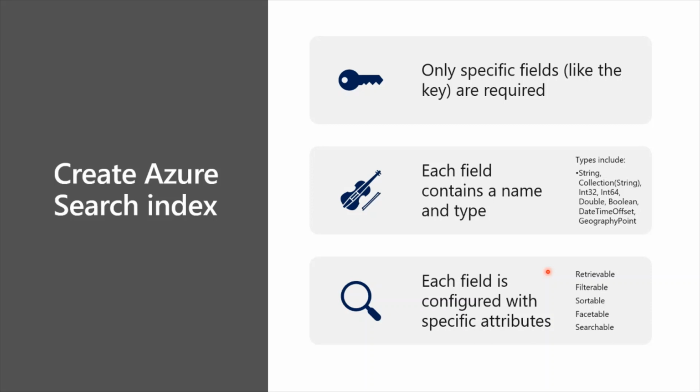Create search index. So index composition includes a fields collection that defines the searchable data in your index. Altogether, the fields collection specifies the structure of documents that you upload separately. A fields collection includes required and optional fields, named and typed, with the index attributes that determine how the field can be used.